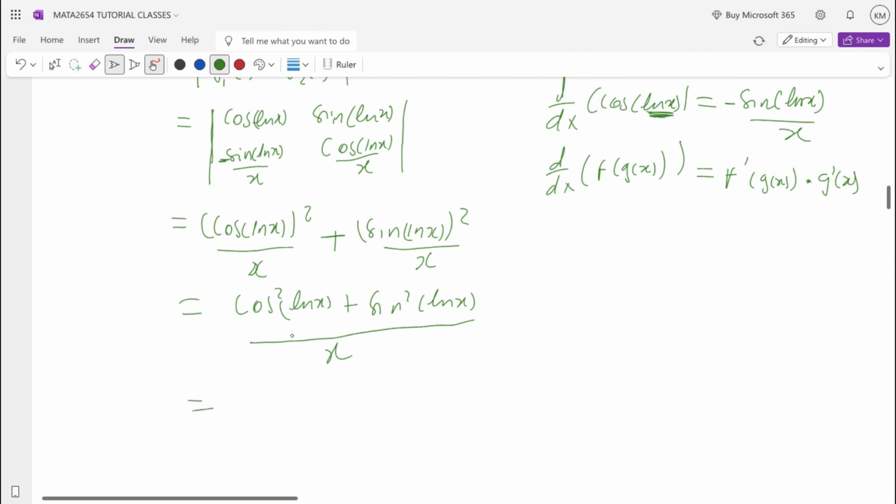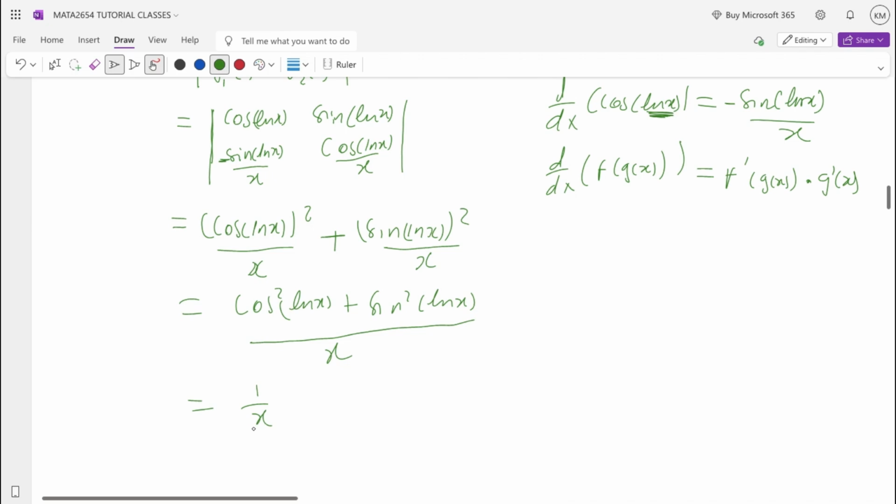Yeah, so we can just see cos squared of that plus sine squared of that is 1, so it's 1 over x. Therefore, this is our Wronskian determinant.